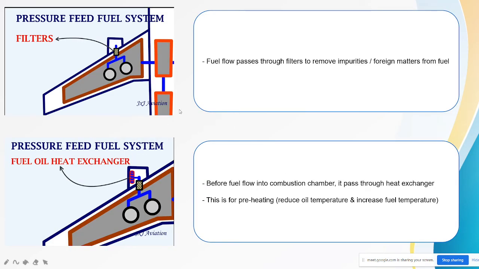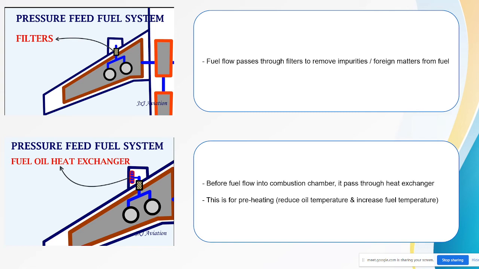Besides pumps, filters are also installed in the fuel system, mainly to remove impurities and prevent foreign metals from entering the system and damaging the structure. And next, there is also a fuel oil heat exchanger installed in the system. Before the fuel flows into the combustion chamber, it passes through the heat exchanger.